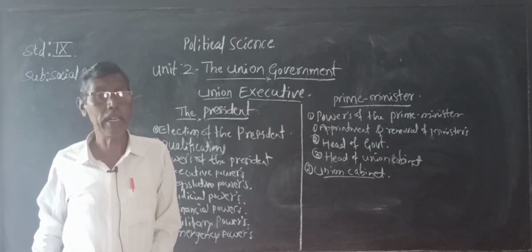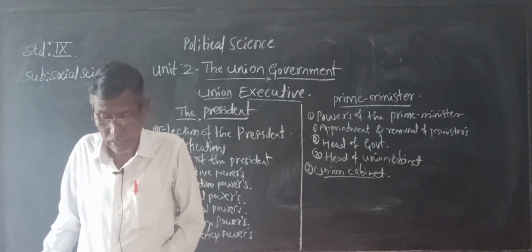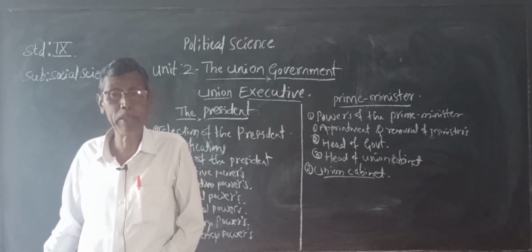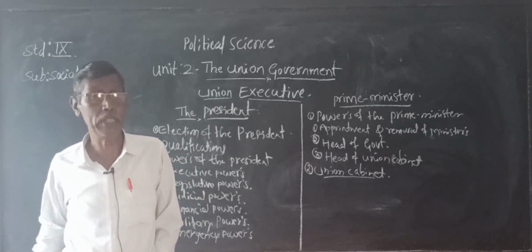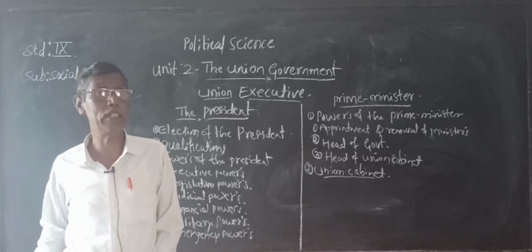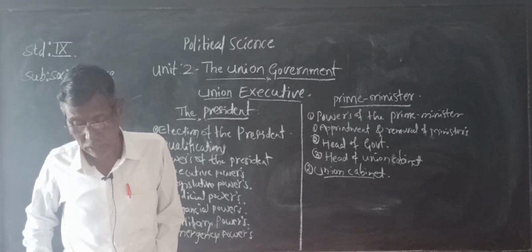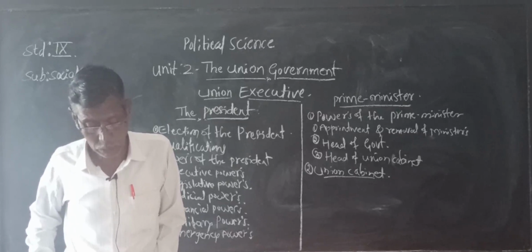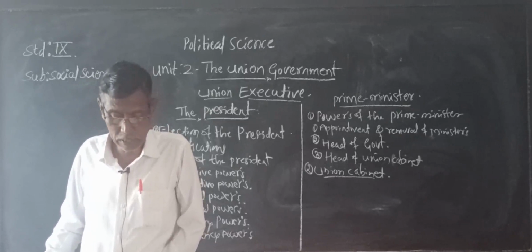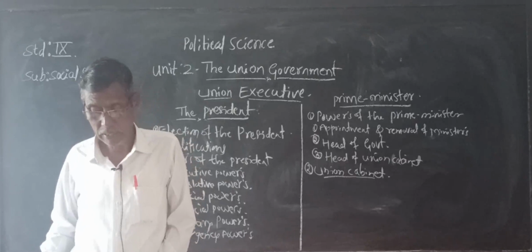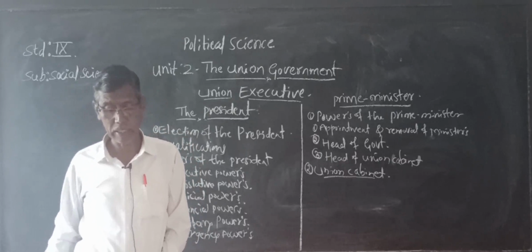And he is head of the Union Cabinet. The meetings of the Union Cabinet are held under the chairmanship of the Prime Minister. He also calls the meetings of the Union Cabinet, and it is presided over by the Prime Minister of the country. All decisions on issues of national and international importance are discussed and taken under his chairmanship.